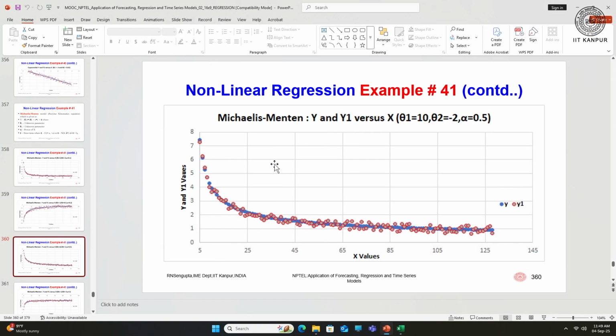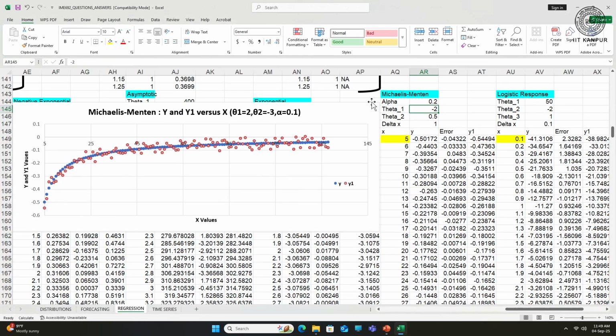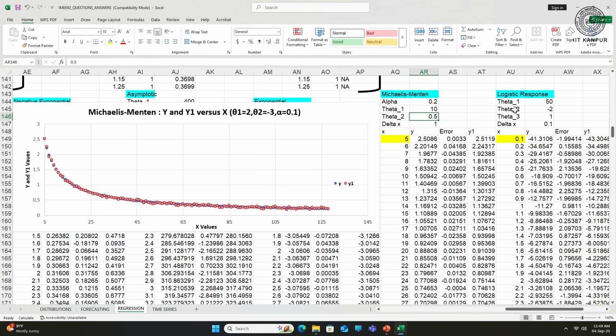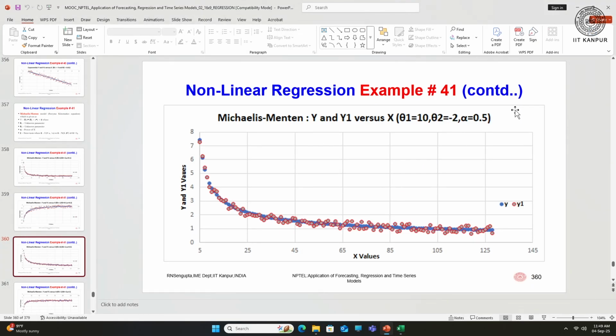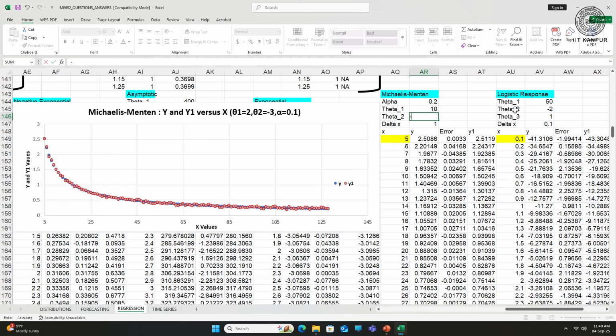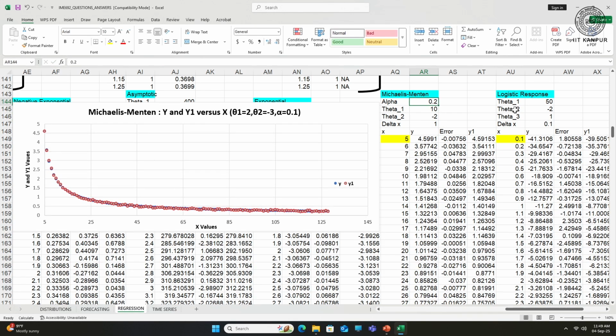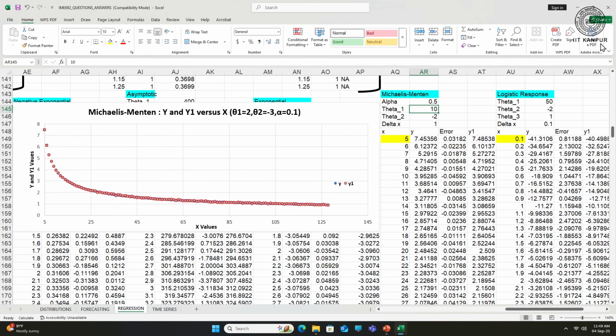In the third graph, we are considering theta 1 as 10, theta 2 as -2, and alpha as 0.5. So, this is the graph.